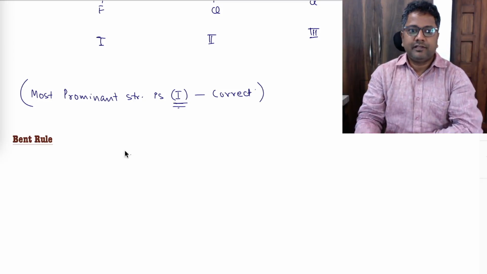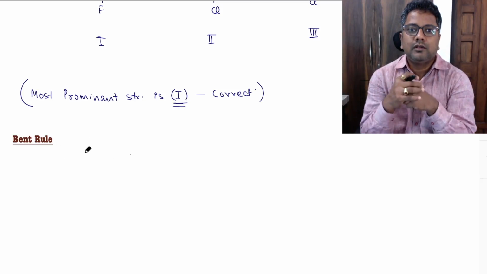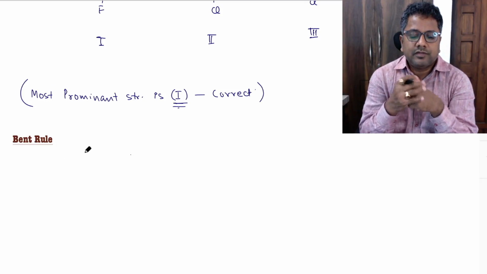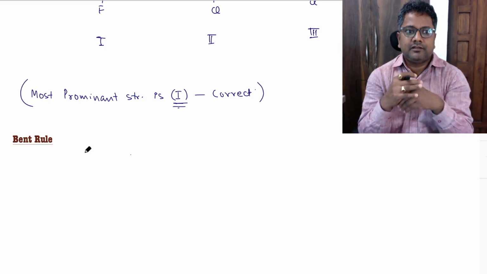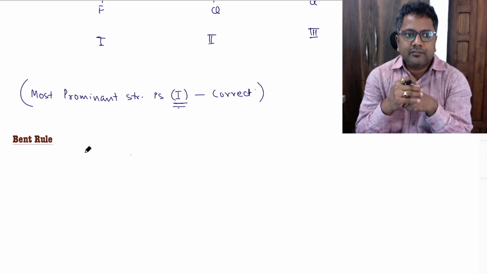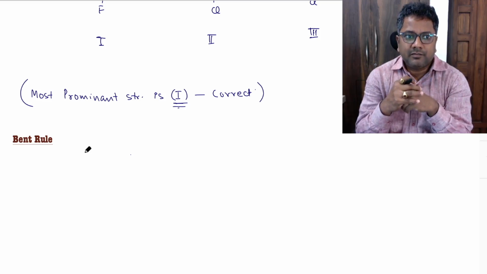Well, dear friends, this is a very important rule, known as Bent's rule, to predict theoretically the structure of various molecules, particularly in a non-equivalent hybridization.